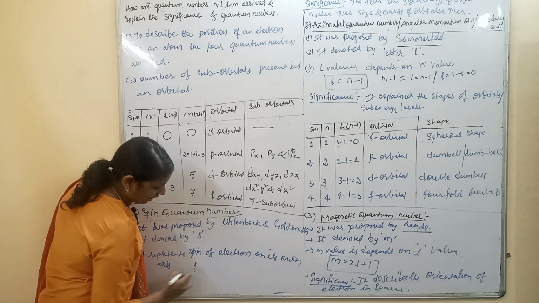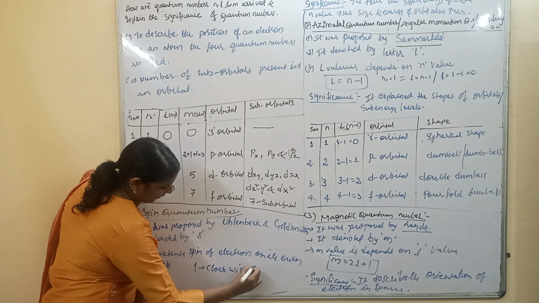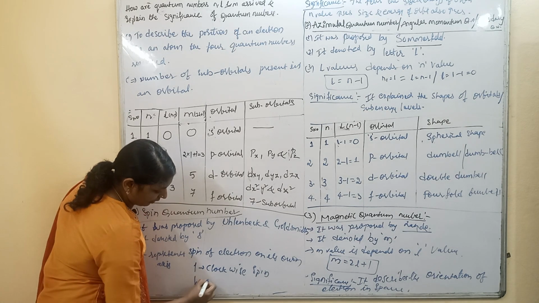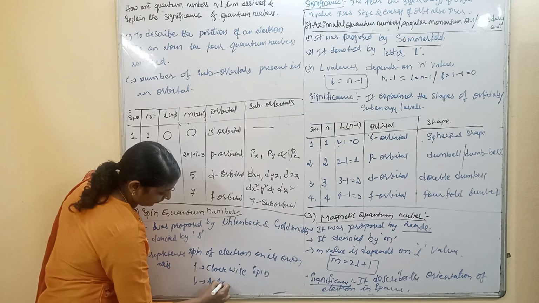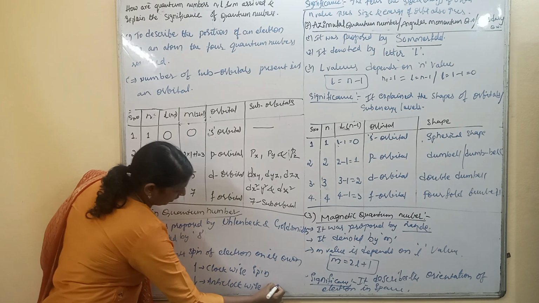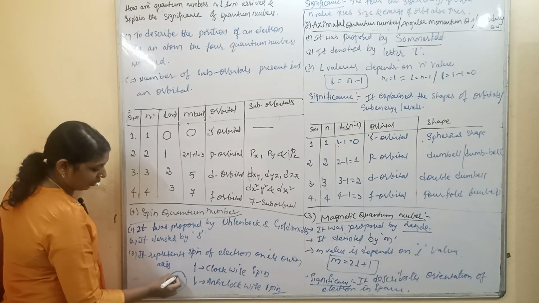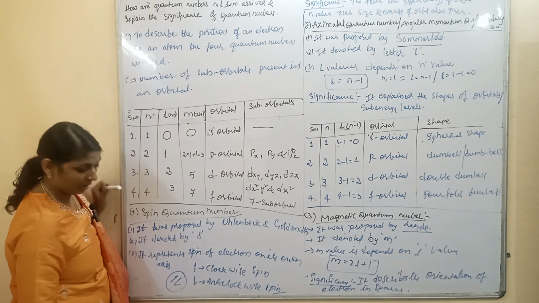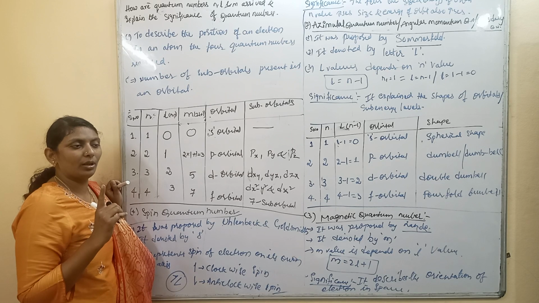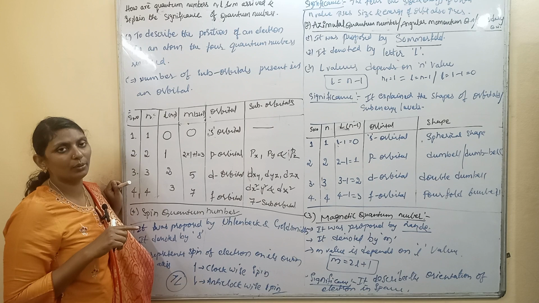If the notation is like this, it represents the clockwise spin. If the notation is like this, we can represent the anti-clockwise spin. ఒక ఆర్బిటాల్ లో ఒక ఎలక్ట్రాన్ క్లాక్ వైజ్ డైరెక్షన్ లో రివాల్వ్ అయితే ఒకటి యాంటీ క్లాక్ వైజ్ లో రివాల్వ్ అవుతుంది.